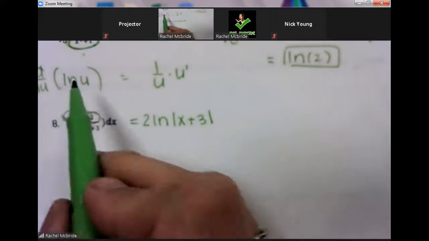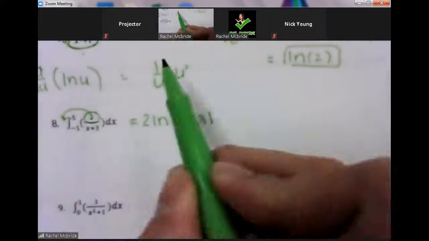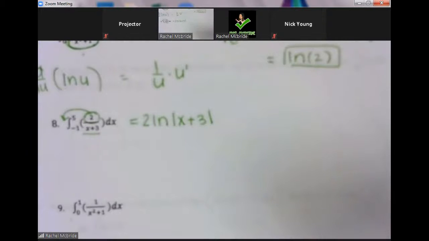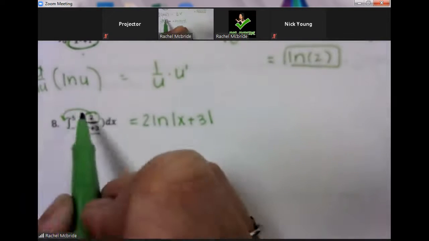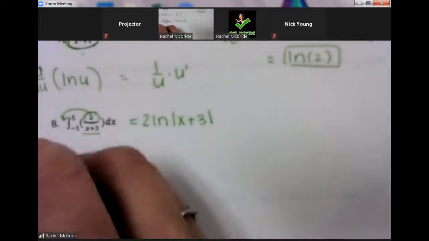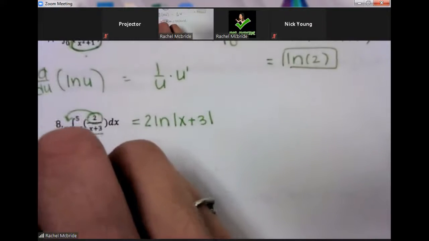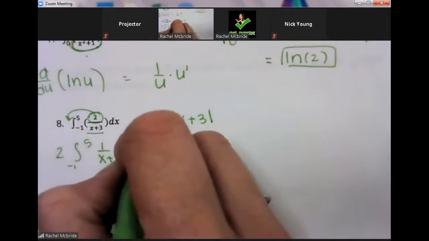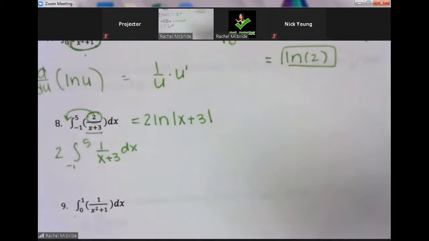Because if you think about the derivative of natural log of u, it's 1 over u times u prime. Well, u prime of x plus 3 would be 1. So that 2 is kind of like a constant we would bring out in front. So my integral would look more like this, thus making it 2.